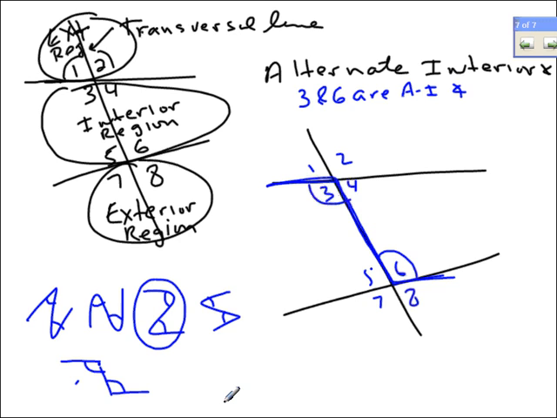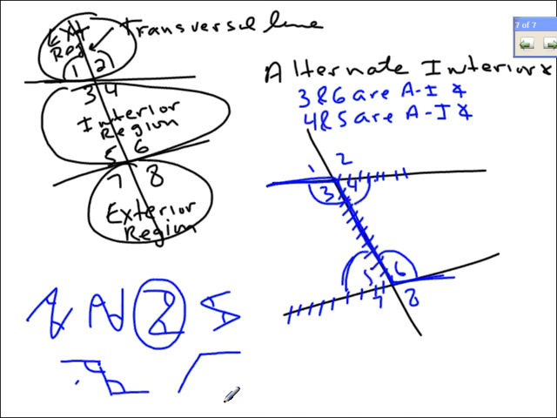Also, here's another Z. Look at that. We have yet another Z. And that captures 4 and 5. 4 and 5 are alternate interior angles. Okay, anytime you get that Z, you have alternate interior angles.